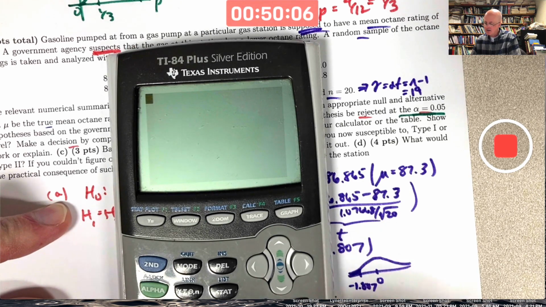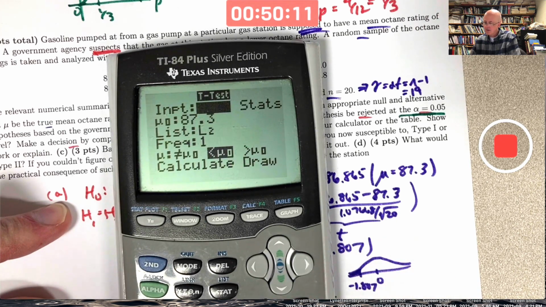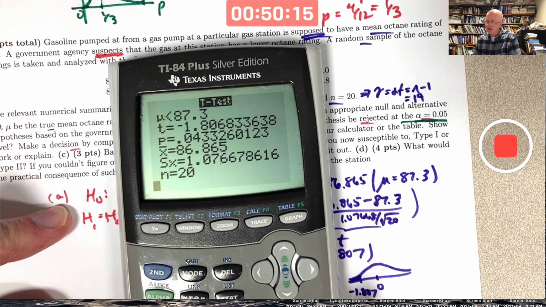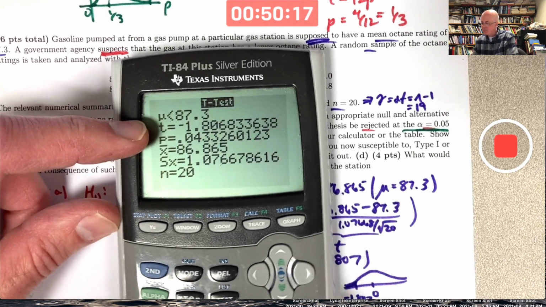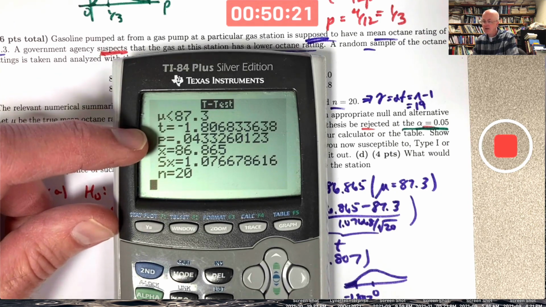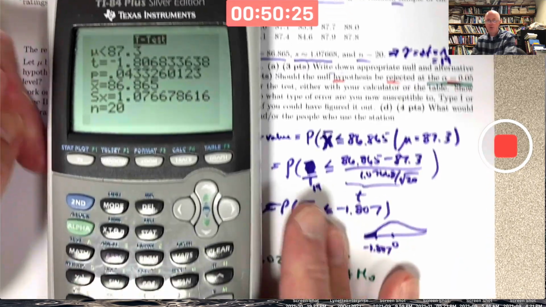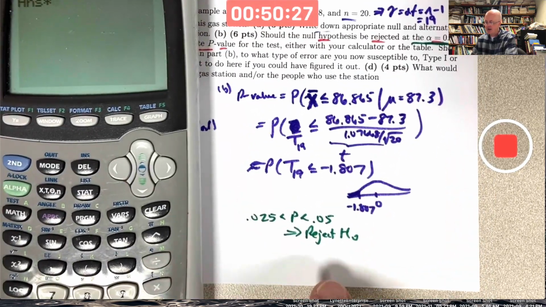Calculate this. Oops, that's wrong. Stat. Okay, there we go. We get the same t-stat, negative 1.807, p-value about 0.04, which is between 0.025 and 0.05.